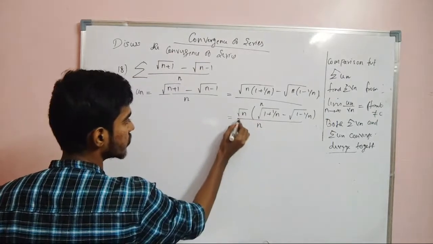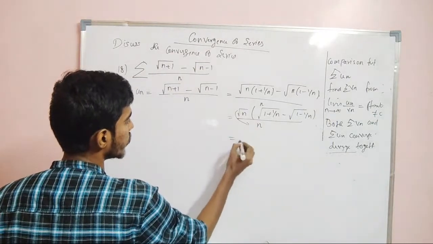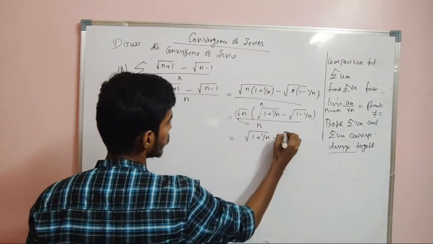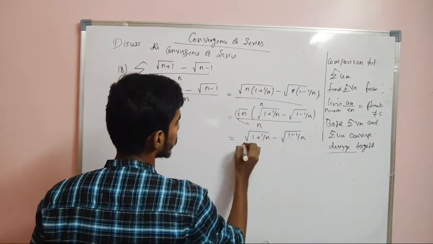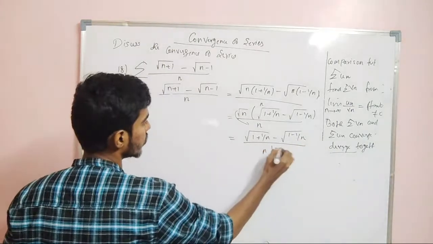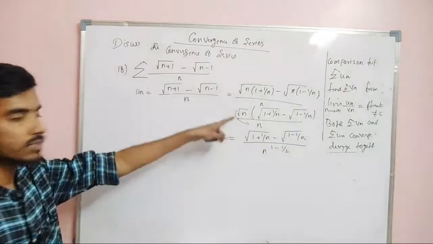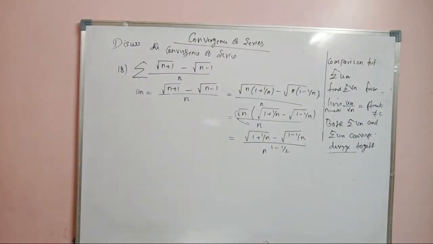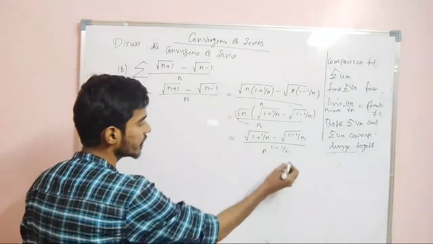Now I can take root n outside, so here we will have square root of 1 plus 1 by n minus square root of 1 minus 1 by n, divided by n. Now we bring this root n to the denominator, so we will have n power 1 minus 1 by 2, which is nothing but n power 1 by 2.